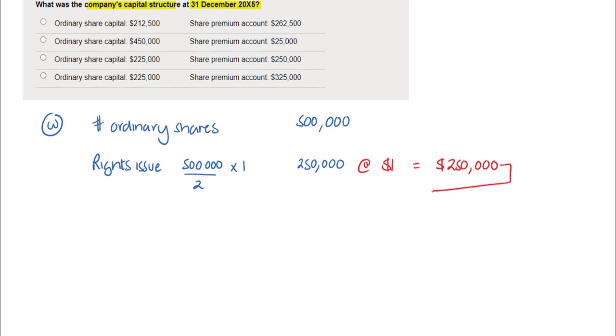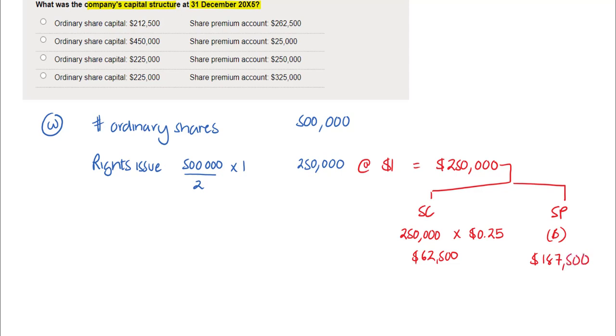So we can split this amount between the share capital and the share premium. The share capital entry will be for the number of shares on the rights, the 250,000, multiplied by 25 cents, the nominal value for a single share, giving us $62,500.